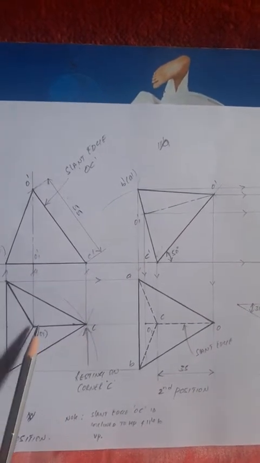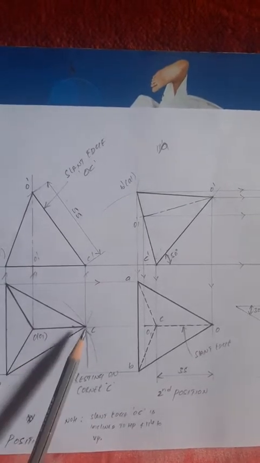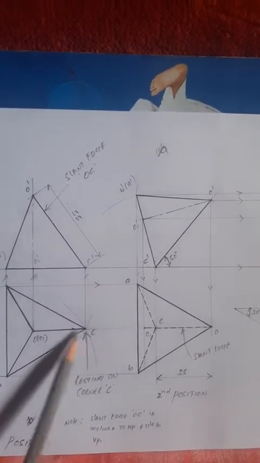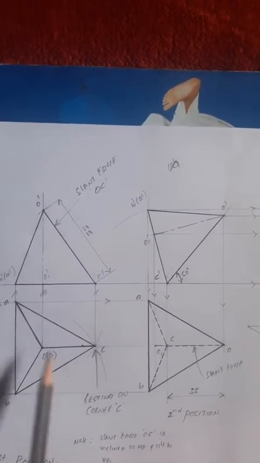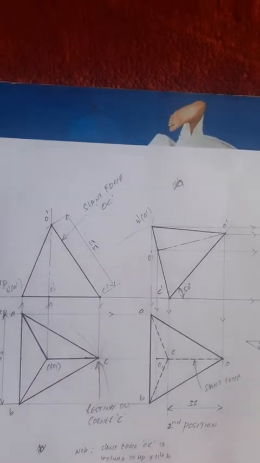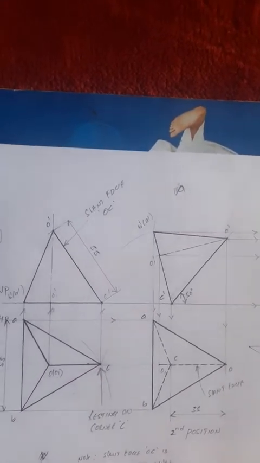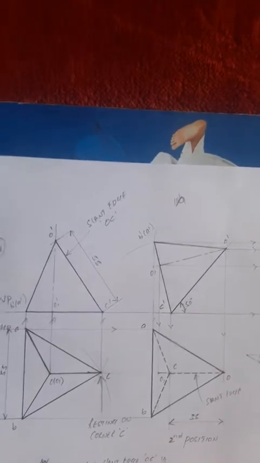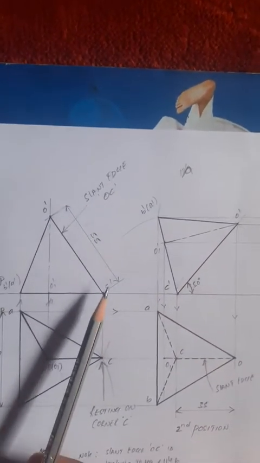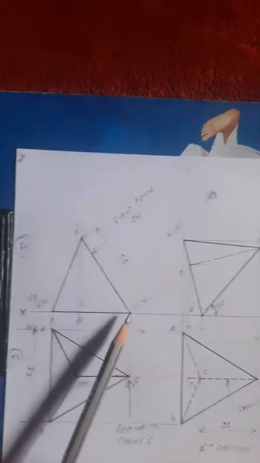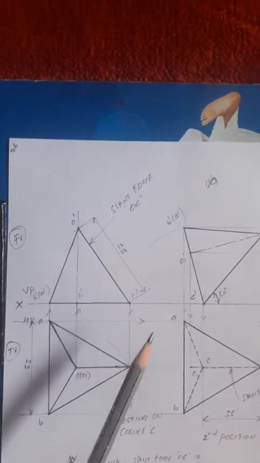This is OC. This slant edge is inclined to HP, so it has a reduced length in the top view, not 55 mm, but it is parallel to VP. Since it is parallel to VP, its dimension in the front view should be the same, because in a tetrahedron all sides are equal.